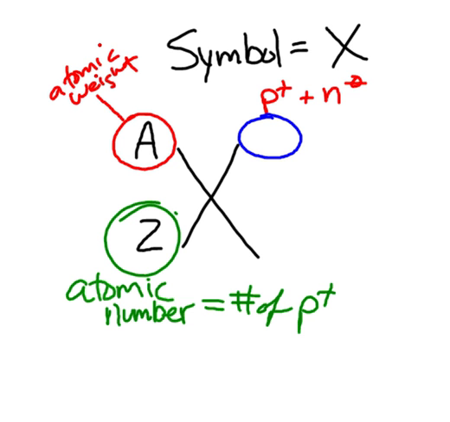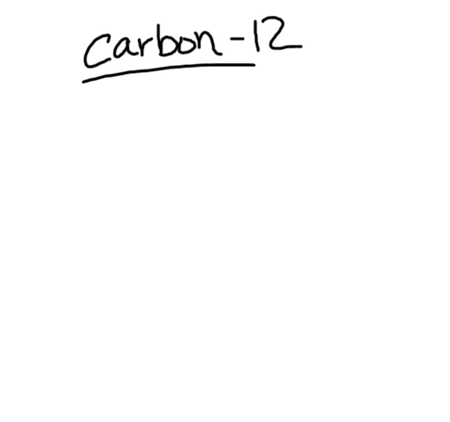Okay, so let's go ahead and drop that. And let's do carbon 12. Okay, carbon 12, its isotopic notation. This is what isotopic notation is. I take the symbol. In this case, the symbol for carbon is C. And then I put the atomic weight up in the upper left-hand corner.